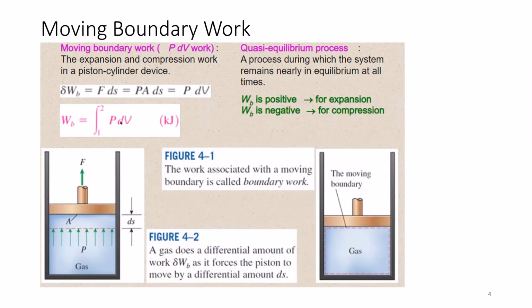So you'd find the integral of this. And we'll take a look at that graphically, what that means. And just talking about this quasi-equilibrium process, how do we define it? We're going to find that if we expand, we do work. It's positive for expansion, and the work is going to turn out to be negative for compression.